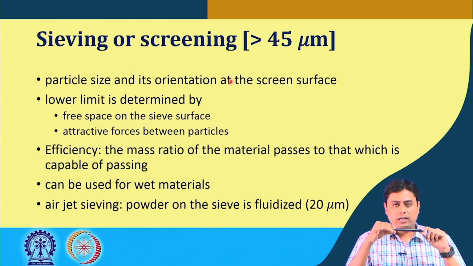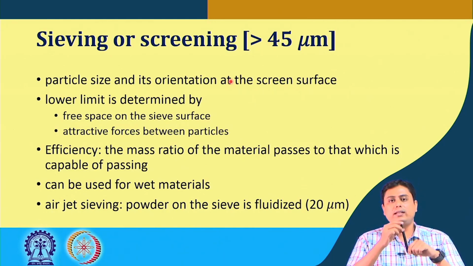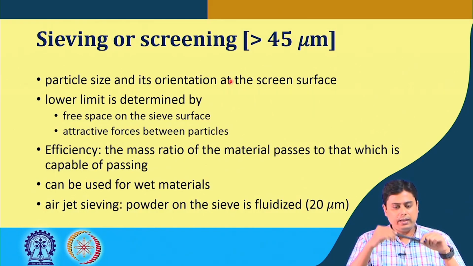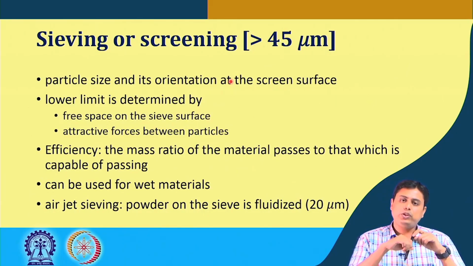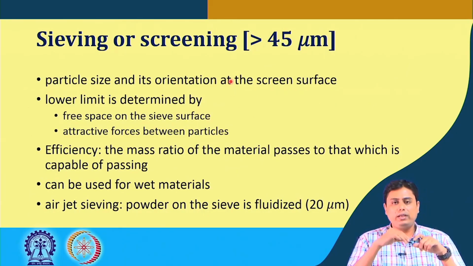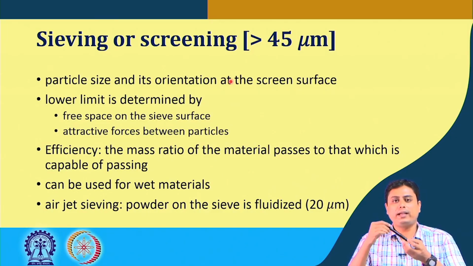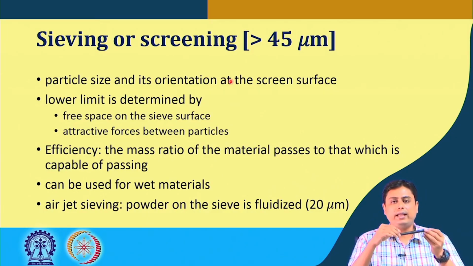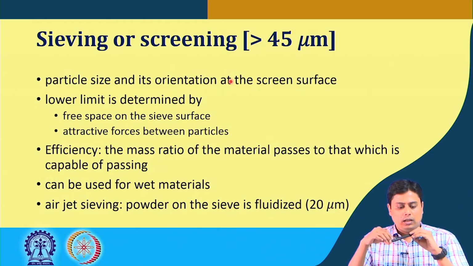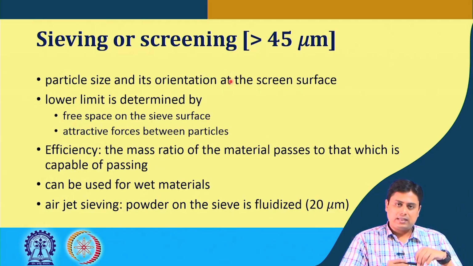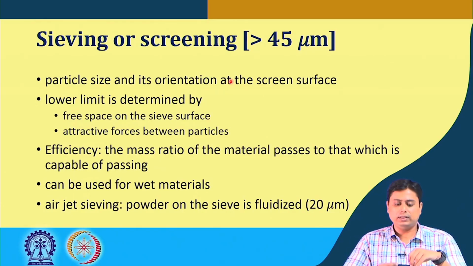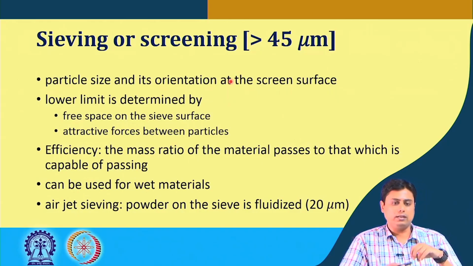So the orientation of how it falls on the screen determines the efficiency of the screening, and definitely the particle size. Whatever passes through, we can understand that the dimension of those particles will definitely be lower than the aperture size. The lower limit of size separation by this process is eventually dictated by two mechanisms.